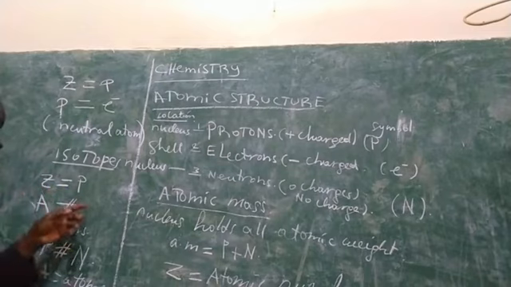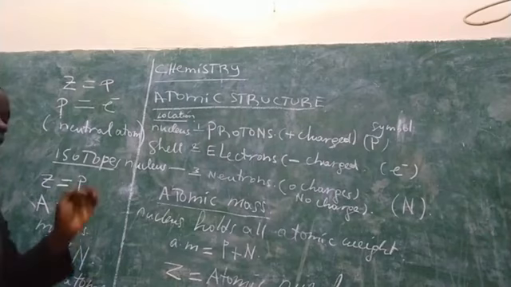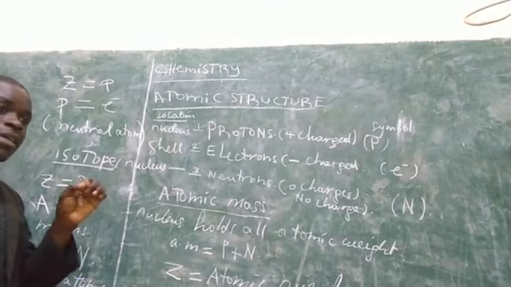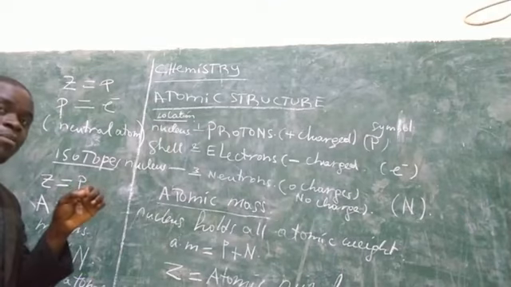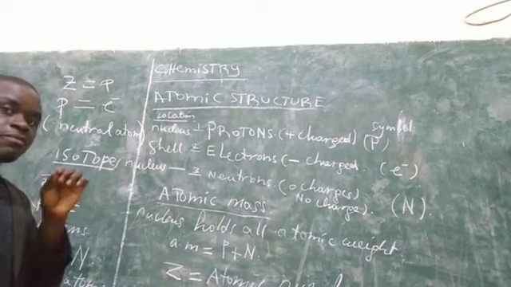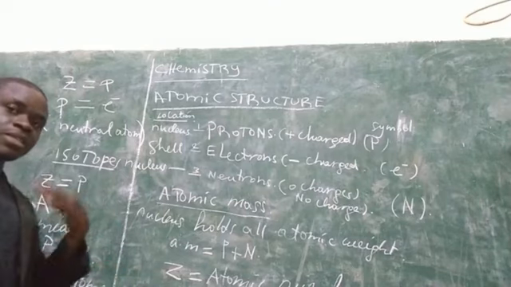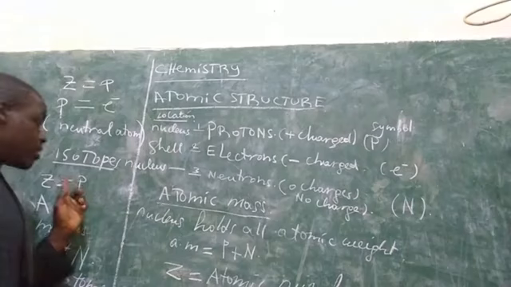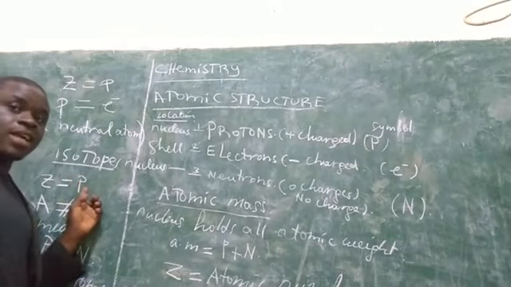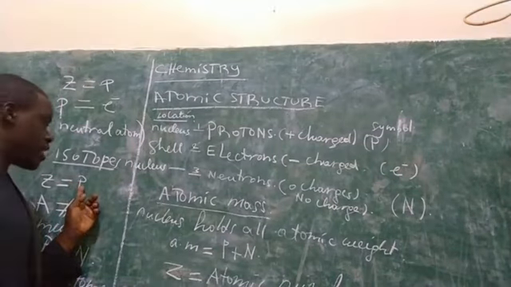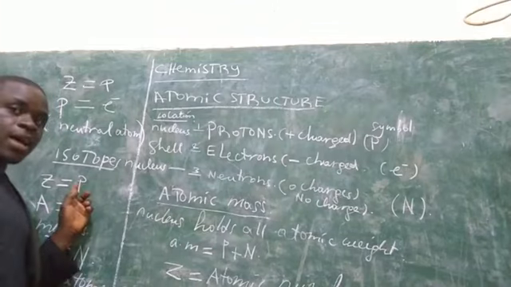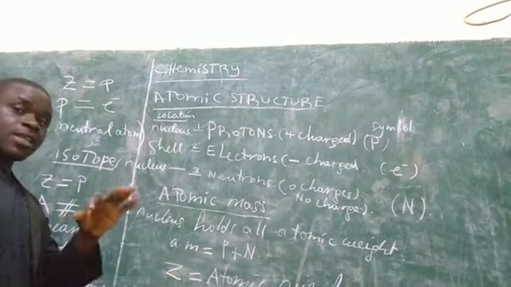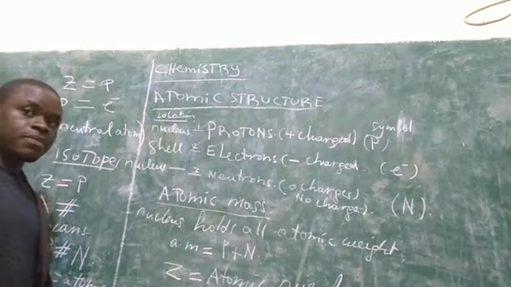The atomic number is what indicates the type of element, and it gives the name of elements, because each element has its special proton number. When an element has a different proton number, it means they are different in type.